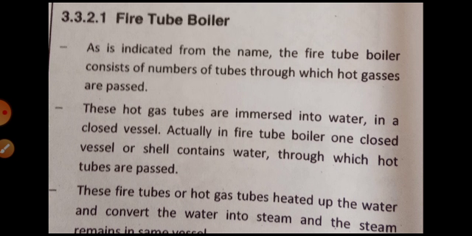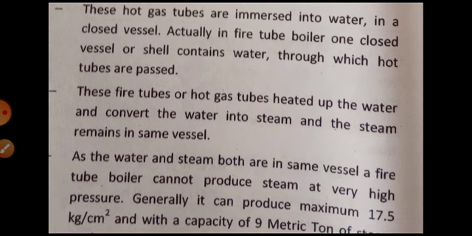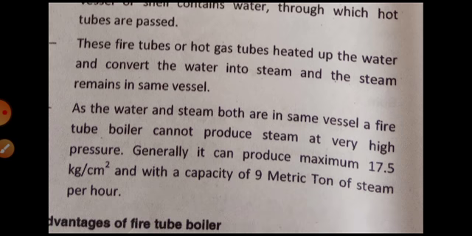These hot gas tubes are immersed in water in a closed vessel. In a fire tube boiler, one closed vessel or shell contains water through which hot tubes are passed. These tubes heat up the water and convert it into steam, and the steam remains in the same vessel.